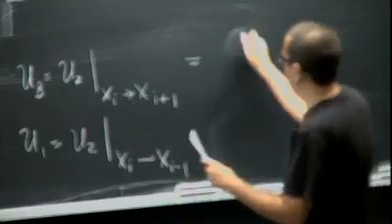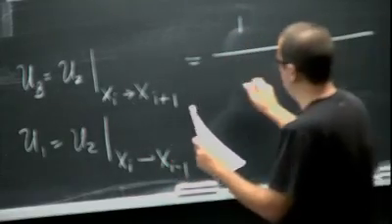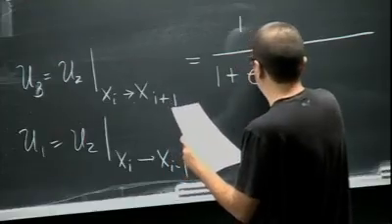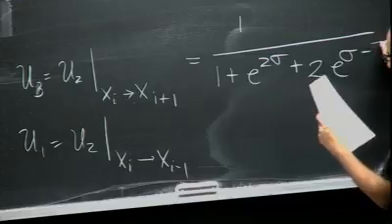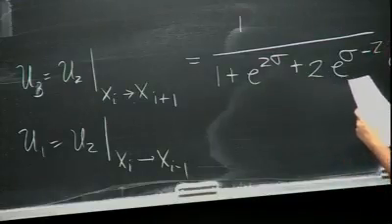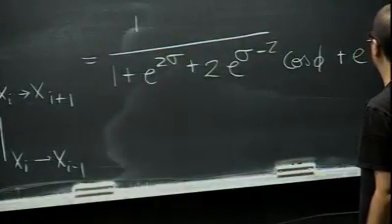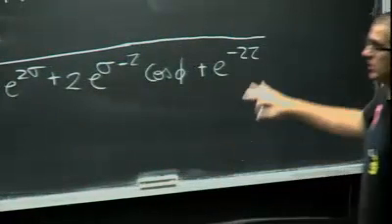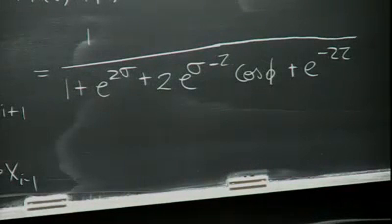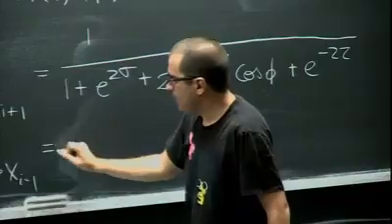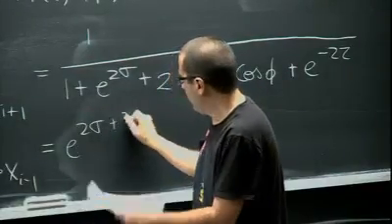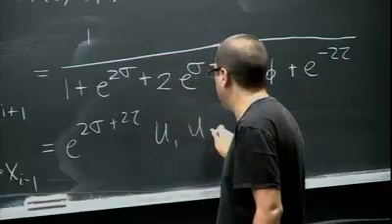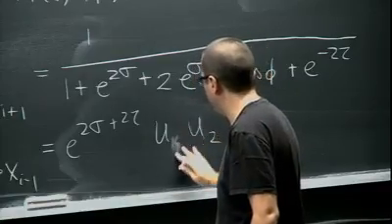They are not as simple as that one, but let me just write for completeness, such that tomorrow we can use it. E to the 2 sigma plus 2 e to the sigma minus tau cosine phi plus e to the minus 2 tau. You see, this is nothing fancy. It is just taking the twistors we wrote and plugging them into a bunch of determinants. And U1 is just e to the 2 sigma plus 2 tau times U1 times U2 times U3 times U2.